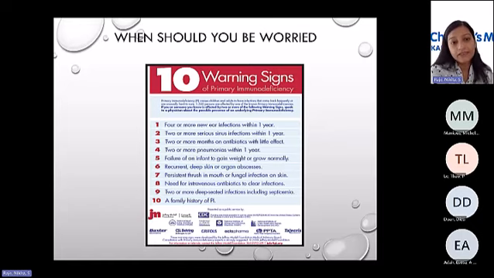And they came up with these 10 warning signs that help physicians or providers outside of immunology to determine when they should be suspecting IEIs.